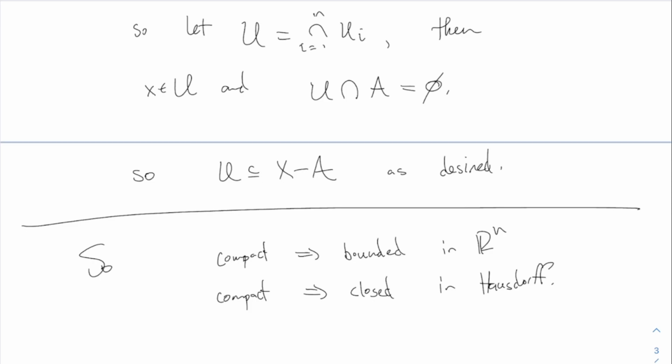The whole Heine-Borel, remember, is compact if and only if closed and bounded. So far we have shown compact implies bounded and also compact implies closed. So that's half of the Heine-Borel. The other direction of the Heine-Borel would be closed and bounded implies compact. So let's see if we can do that.